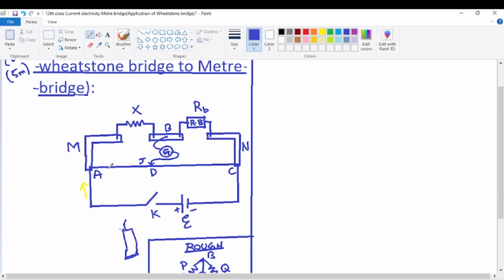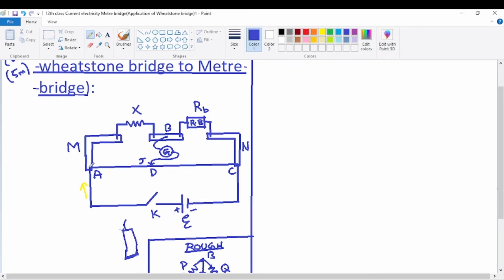So now, when current is flowing through the metal strip, the potential difference across the two ends of the metal strip is exactly zero. The reason is potential difference is current into resistance, and resistance being zero, the potential difference will be zero. Potential difference is nothing but the difference of potentials.